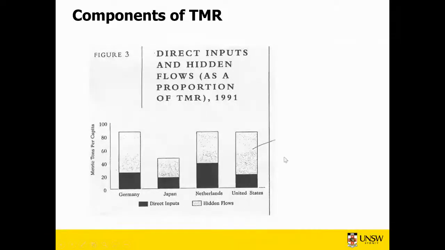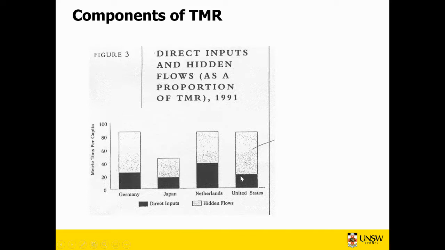So this is just examples from 1991, when most of you were not even born, and I had just been born the year before. Here we're looking at the distribution between direct inputs and hidden flows. And we see that for most economies, the hidden flows are the largest part of their total material requirement.